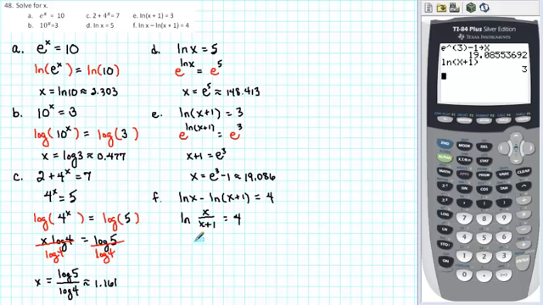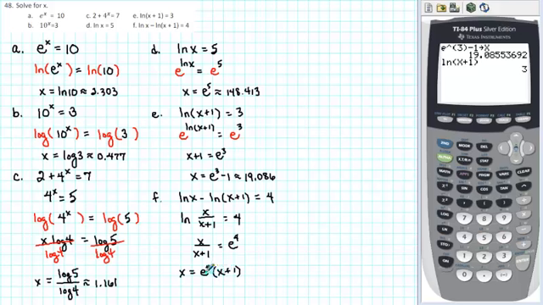Now we can exponentiate both sides base e as we've done before, and we'll end up with x over x plus 1 is equal to e to the 4th. To undo the division, we can multiply both sides by x plus 1. That gives us x is equal to e to the 4th times the quantity x plus 1.